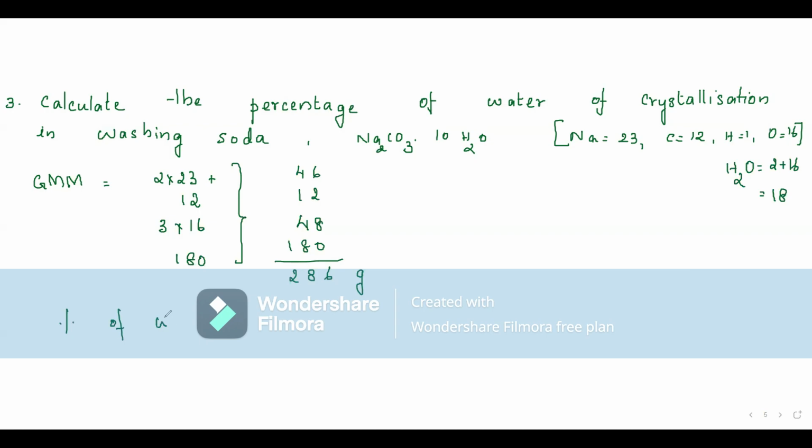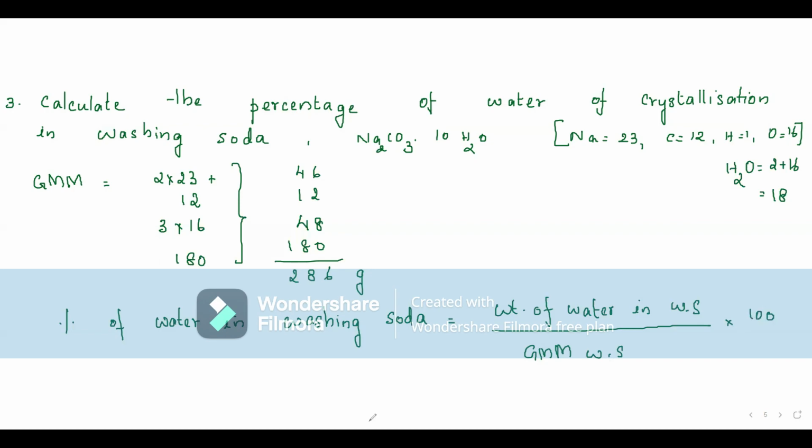Percentage of water of crystallization in washing soda is weight of water in washing soda by GMM of washing soda, I'm just writing WS, into 100.